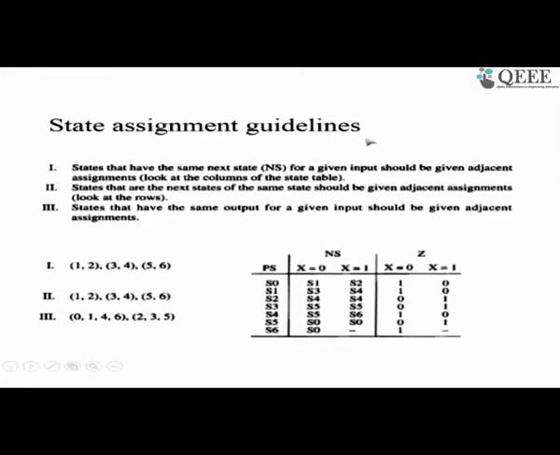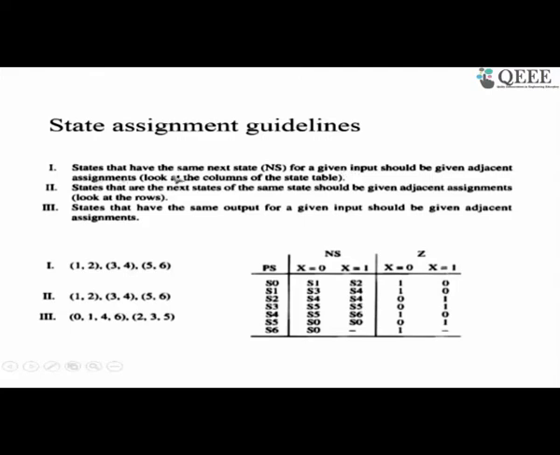So these are called the state assignment guidelines. Once you have a state table, you follow these guidelines to allocate, encode the states. States that have the same next state for a given input should be given adjacent assignment.